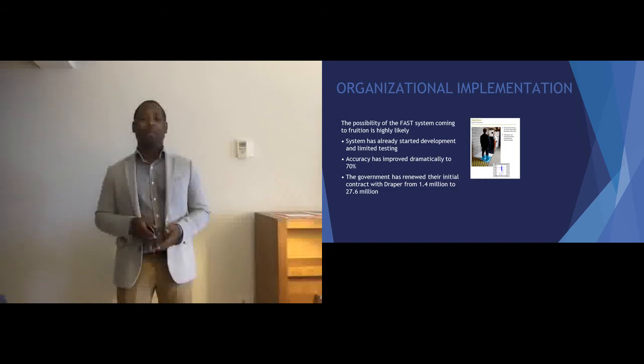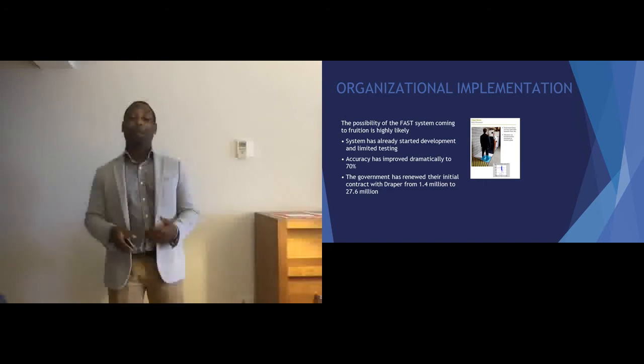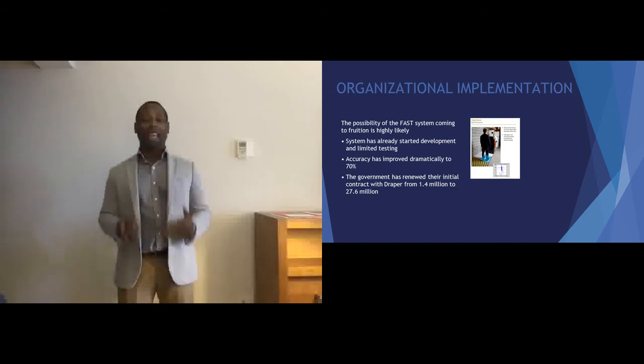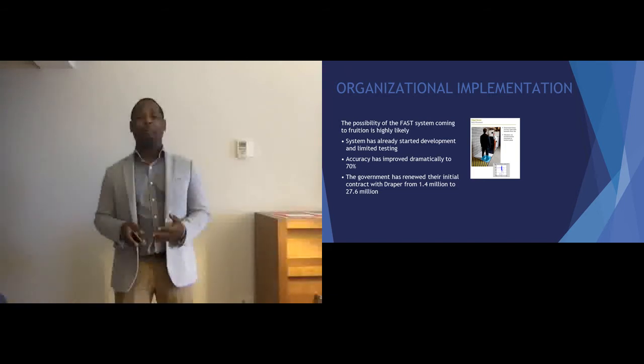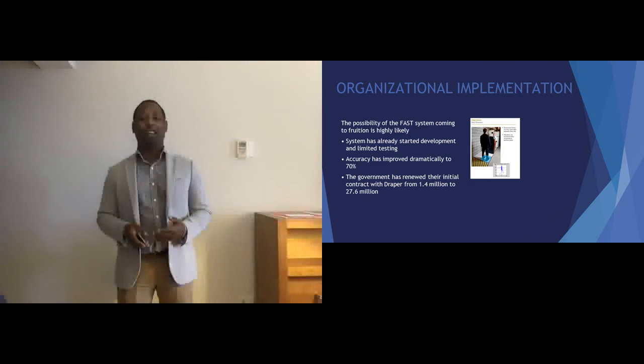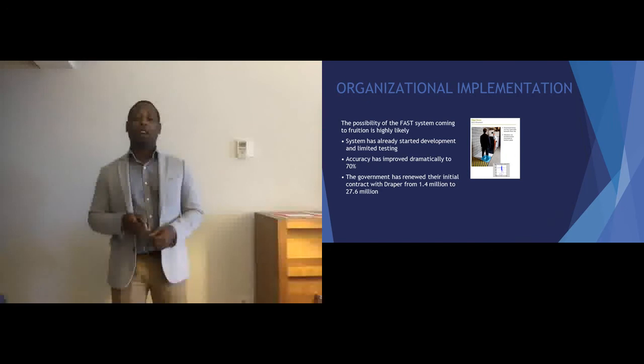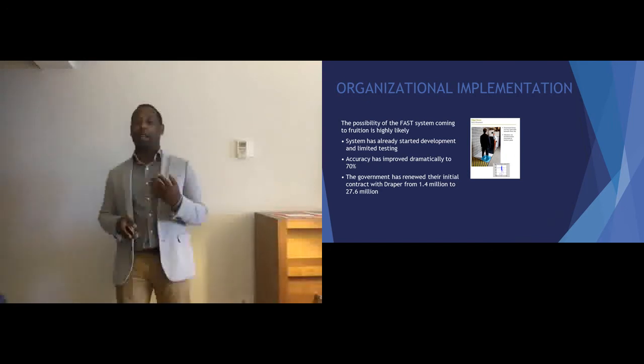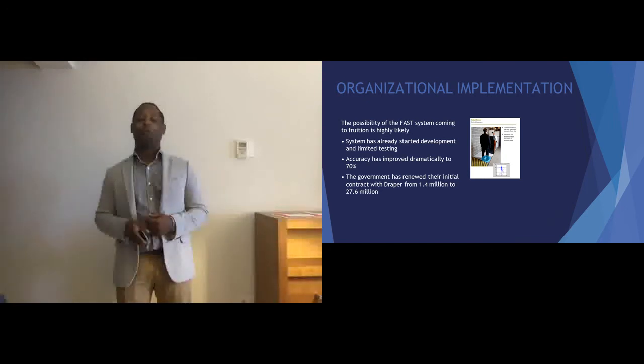Even though 70% is still a low number when it comes to picking people out of the crowd and possibly alienating a lot of Americans under this system, 70% is a big jump from where it was before, in the 40s. The government has also renewed their contract, as I said before, from Draper from 1.4 million.